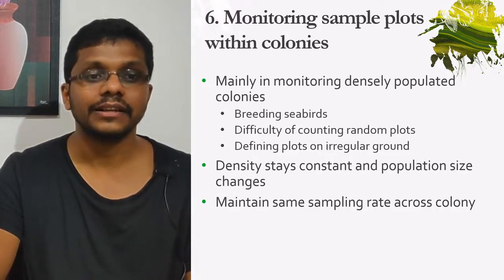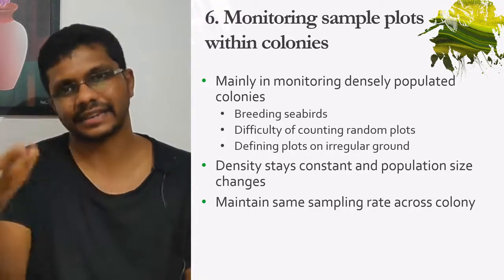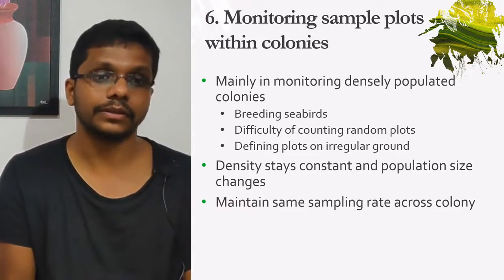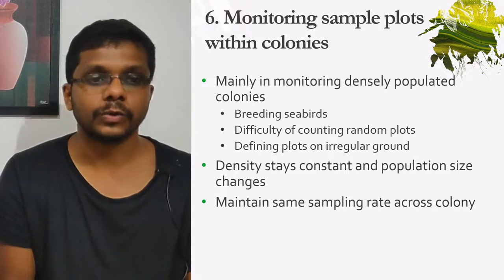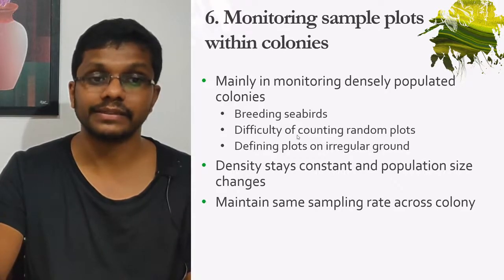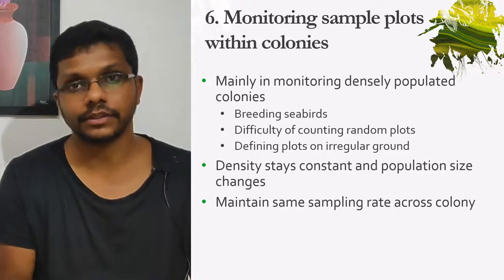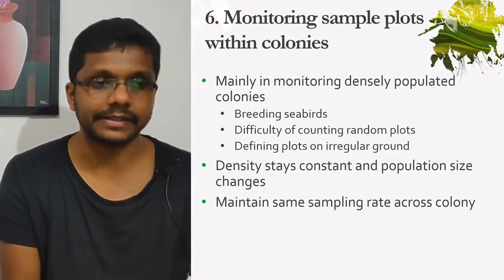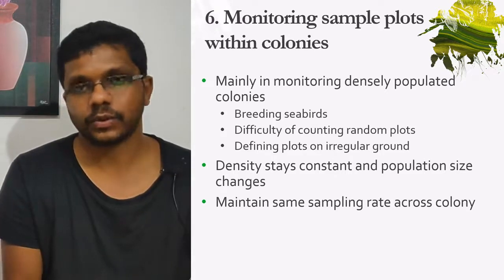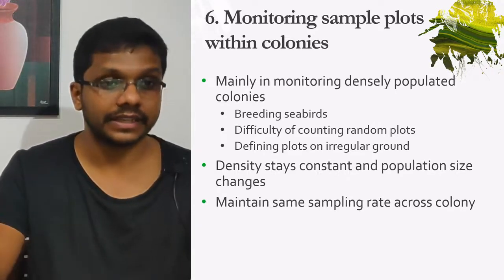But the thing is that even if the population is shrinking, the density may remain the same, because it's a characteristic of the organism to be in such densely breeding colonies. So if you are measuring the density of the population, it may be misleading, because even if the size is less, it will maintain the same density. Counting random plots is also difficult, because some plots may not have any organisms, but other plots have a large number of organisms.